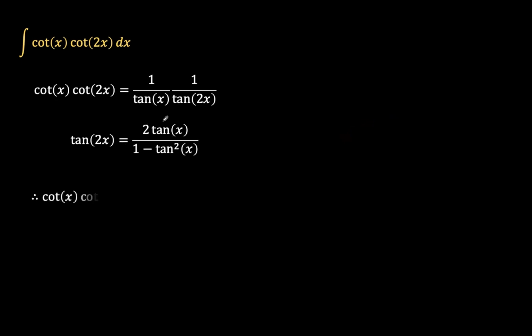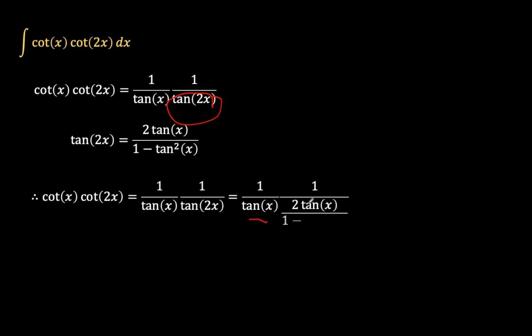So substituting these, we get that cotangent x cotangent 2x is the same as 1 over tan x times 1 over 2 tan x divided by 1 minus tan squared x. So the reciprocal of this becomes now 1 over tan x times 1 minus tan squared x over 2 tan x. And so multiplying tan x and 2 tan x becomes 2 tan squared x.